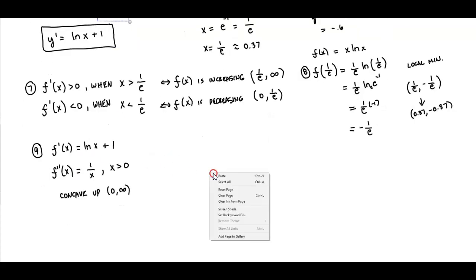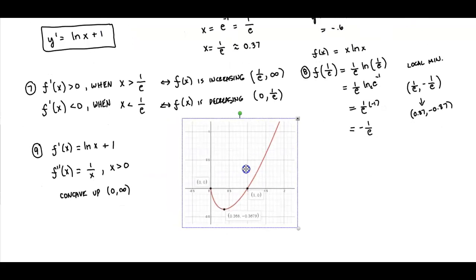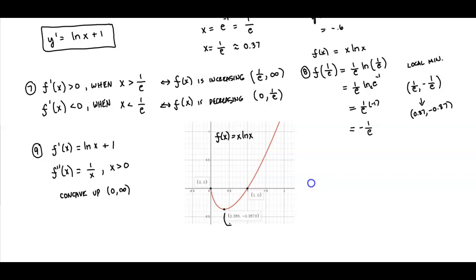So let's take a look at this graph. So here is our graph. So this is what our function should look like. So f of x is going to equal x times the natural log of x. So down here, we can see that that represents the local minimum, which is the 1 over e, negative 1 over e.